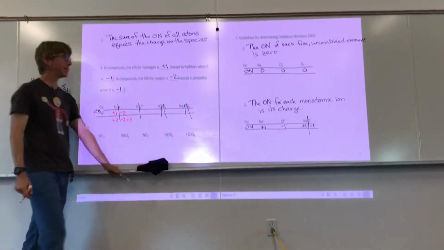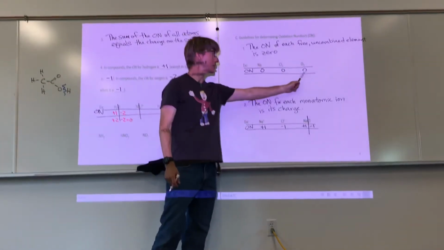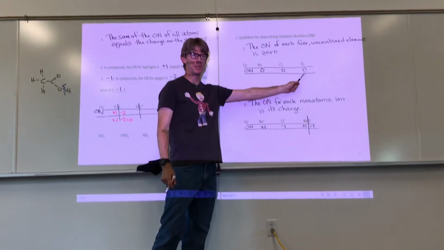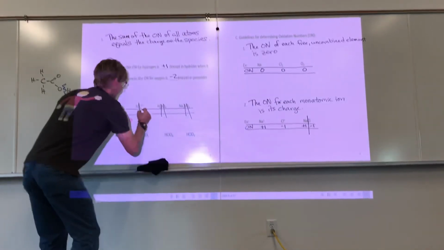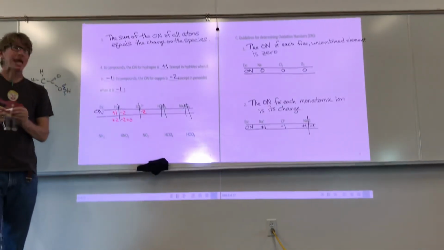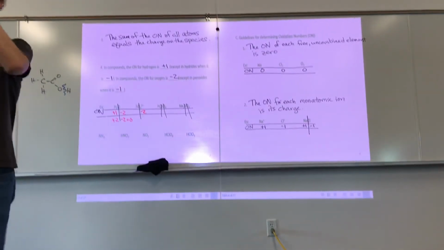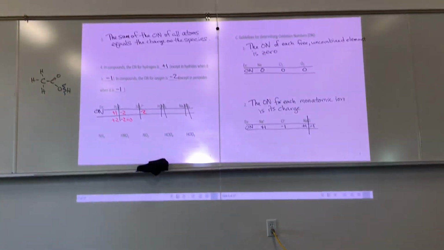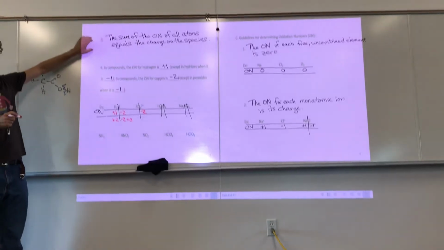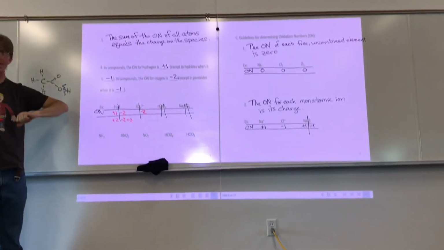The only time oxygen is not -2 that you have to remember is when it's O2 by itself, then it's 0. At most, there's one thing that we don't have a guideline about specifically, and you'll have to use rule number 3 to find out what it is. And that's what we're going to do right now.